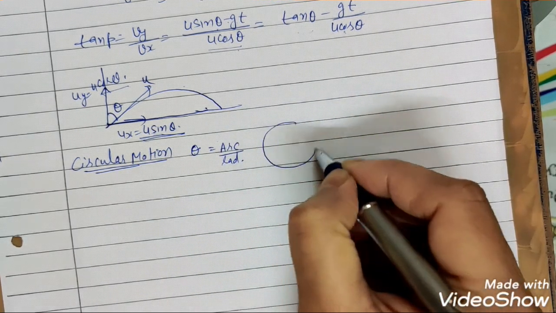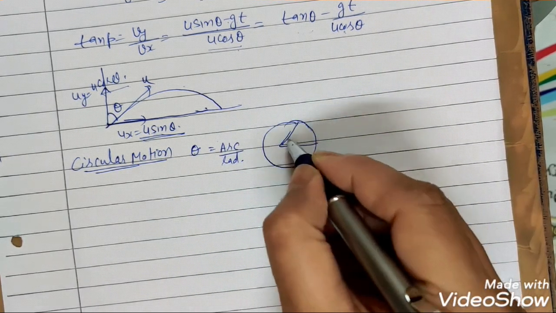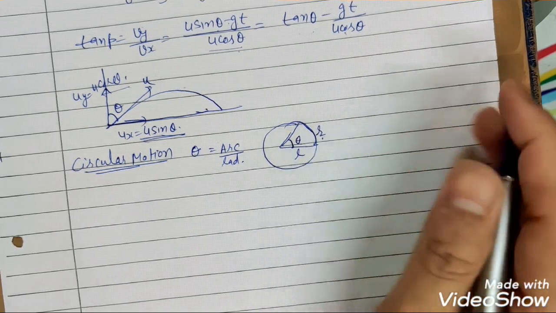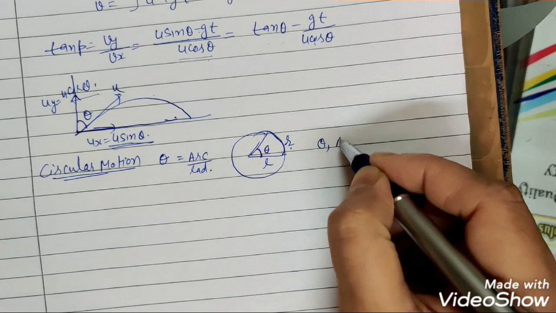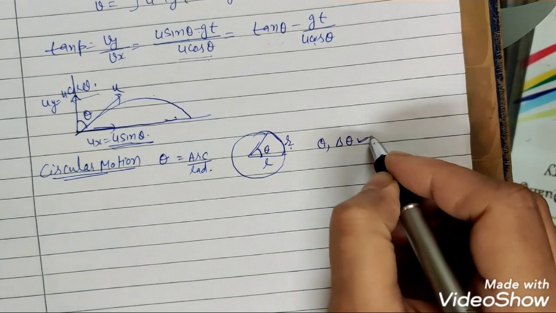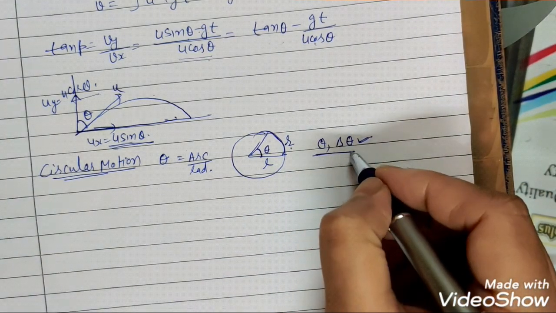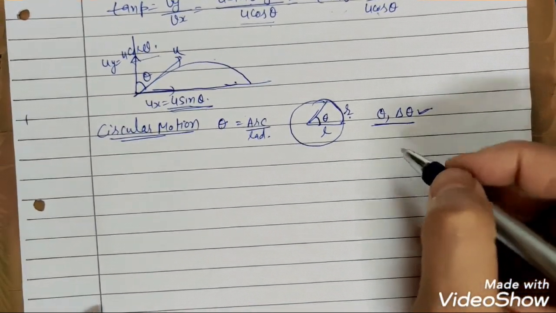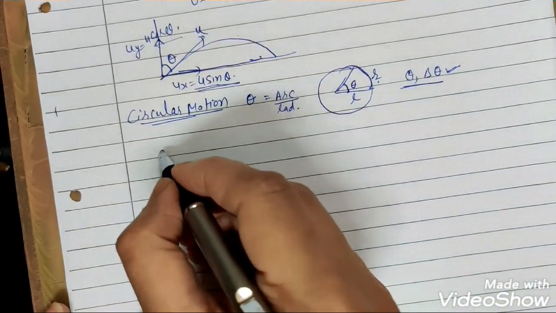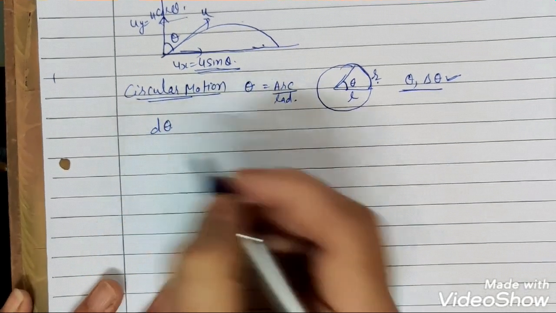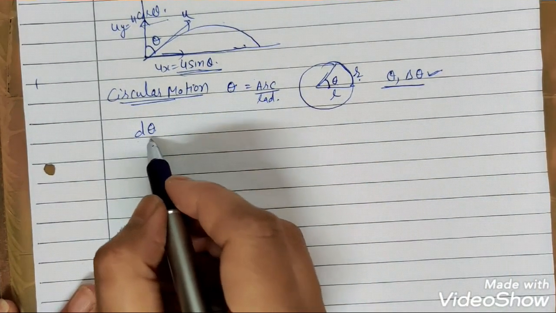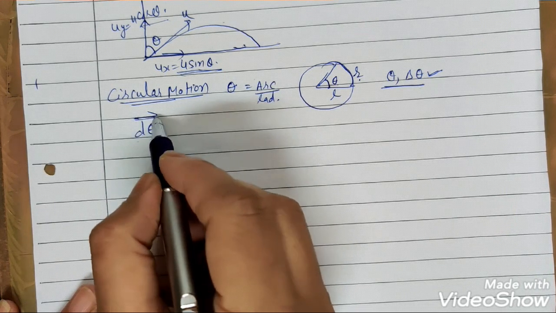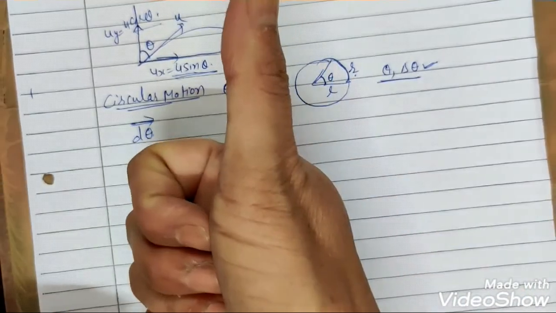So for circular motion, we consider the angular displacement as L upon R. The values theta and delta theta are finite values, but they are considered scalar quantities because they don't follow the commutative law. But when we consider infinitesimally small values, that is d theta, they are considered a vector quantity, and its direction is given by the right hand thumb rule.